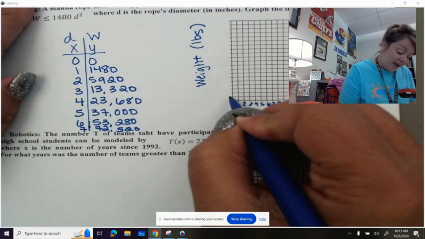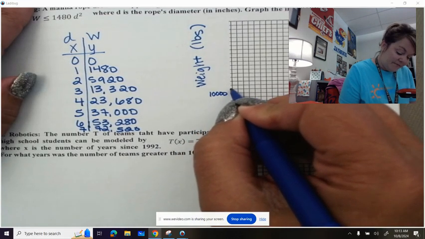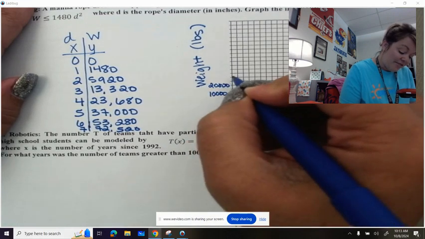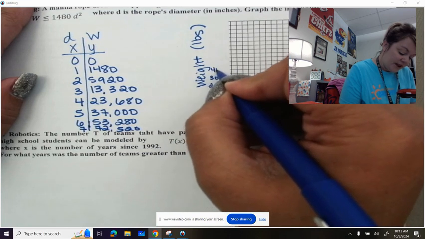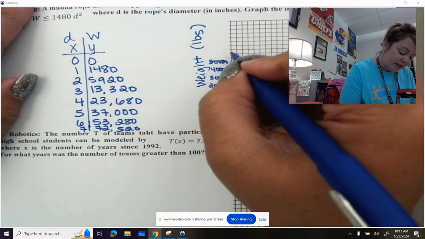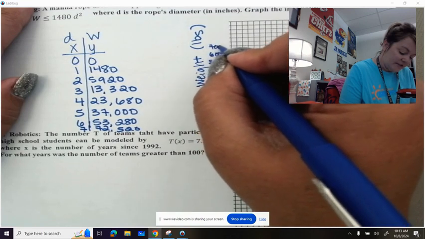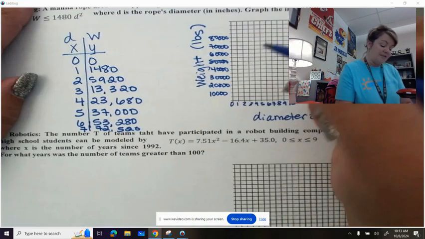So if this is 5,000, this is 10,000, 15, 20,000, 25, 30,000, and then 40,000, 50, 60,000, and 70,000 would be here and 80,000 would be here. Okay, so let's graph these points now.